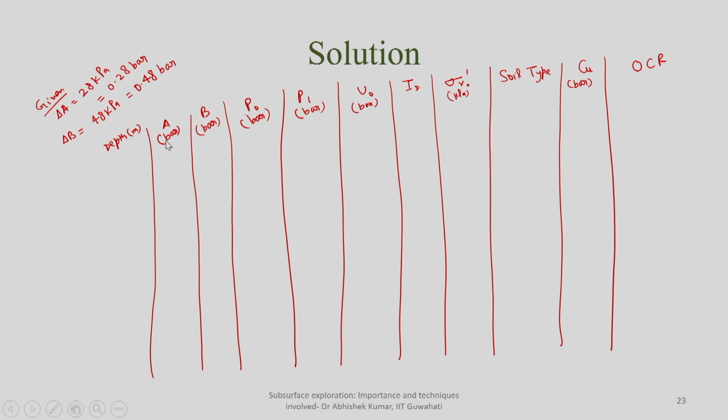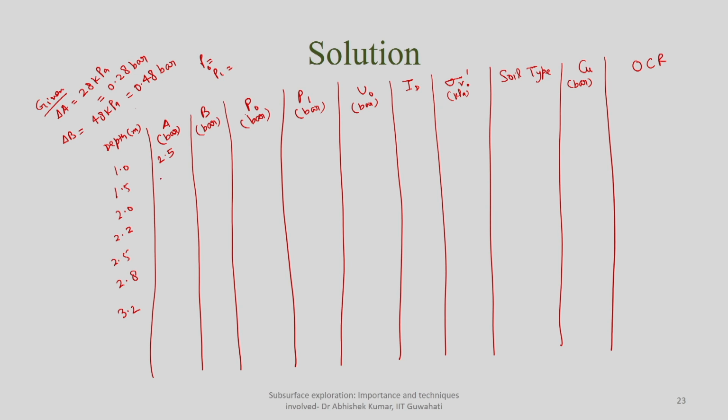So I am just giving you the final values here: 1.0, 1.5, 2.0, 2.2, 2.5, 2.8 and 3.2. These are the different depths at which values are given. I am writing directly the values of P naught, which is 2.5 bar. You can determine the value of P naught, and P1 as given in the previous equation.